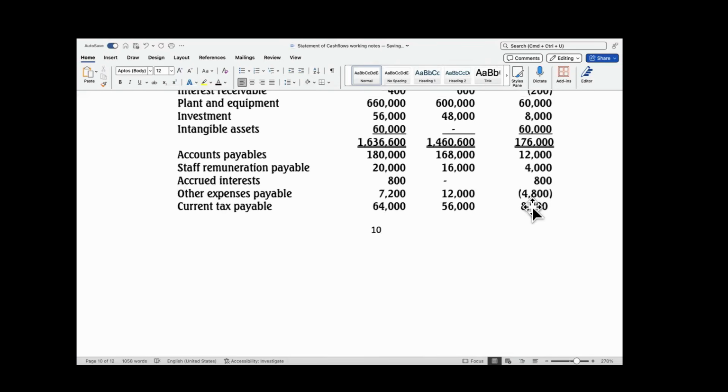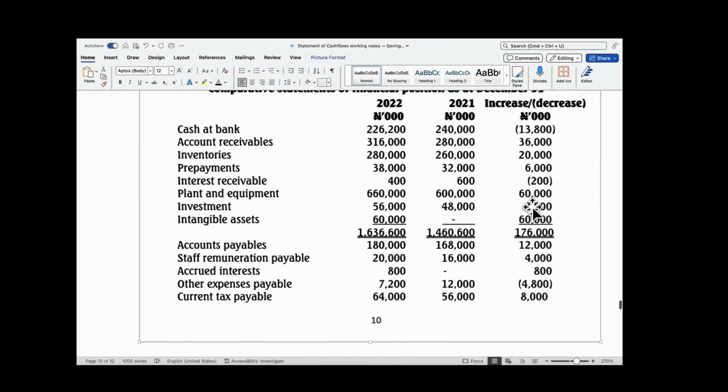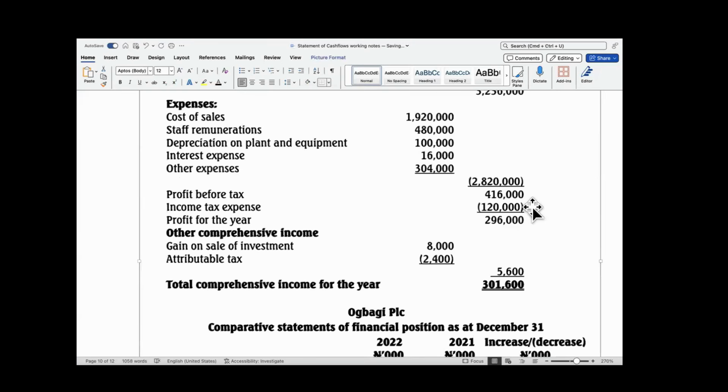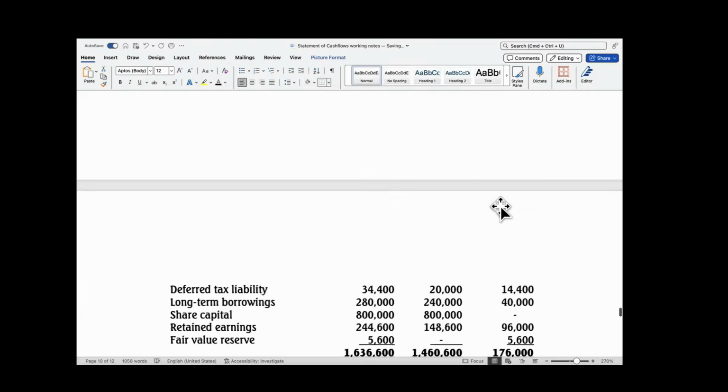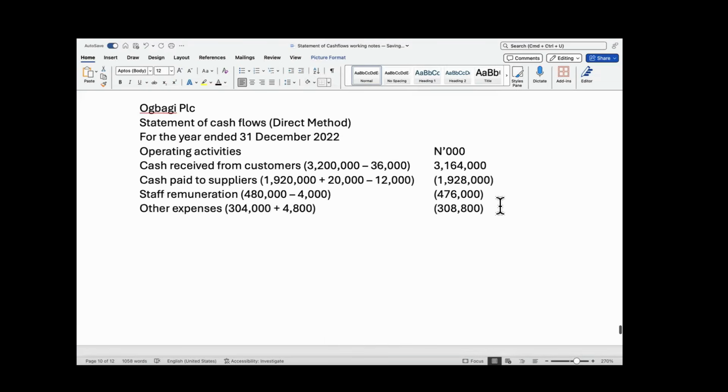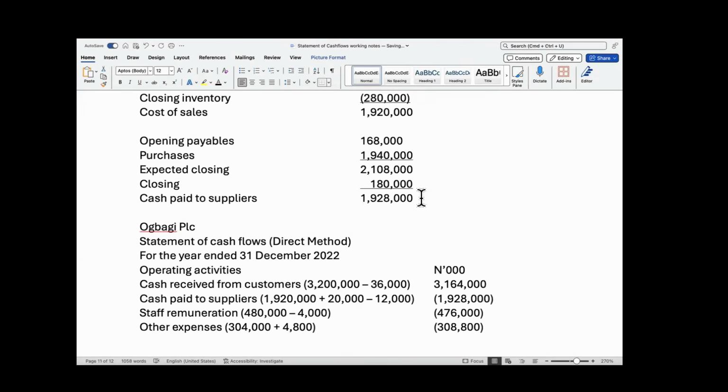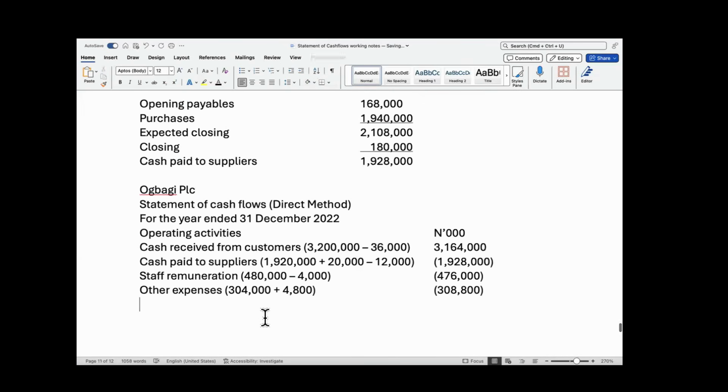I'm owing 8,000. So tax paid, we have 120,000.